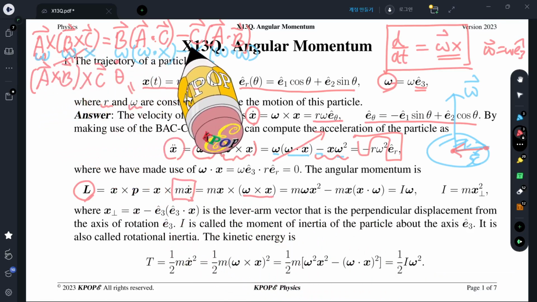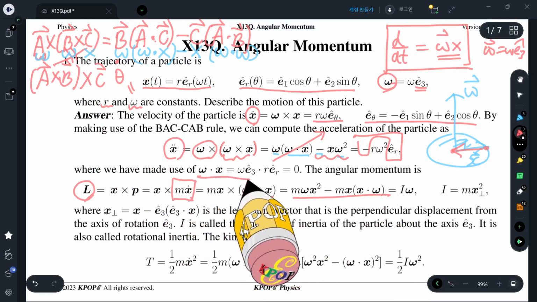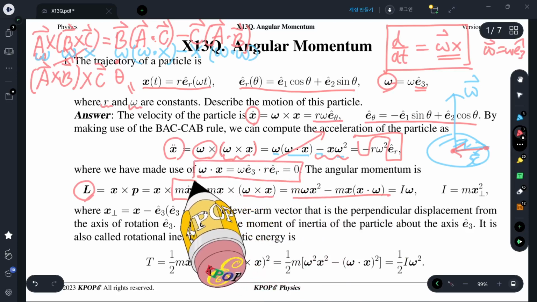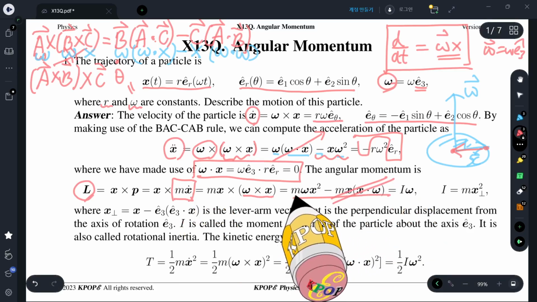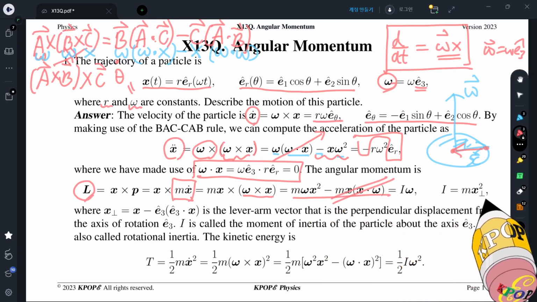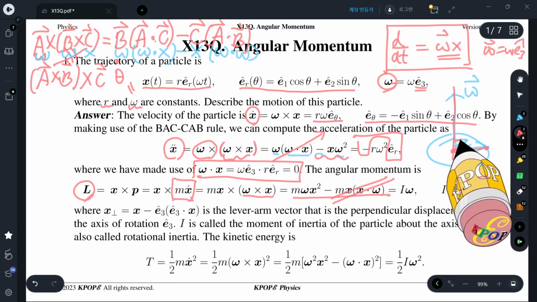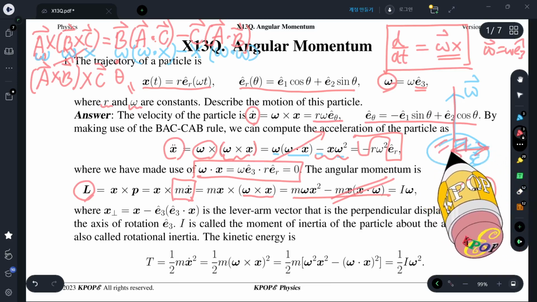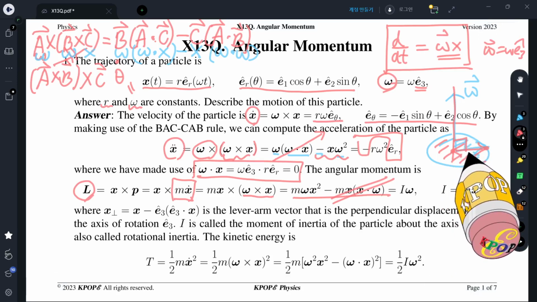Again, I apply this BAC-CAB rule to find it. Again, I have a constraint, omega dot x equals 0. That vanishes, and what I have is m x squared, because x is a rotation and the vector on this plane is always perpendicular to the axis.